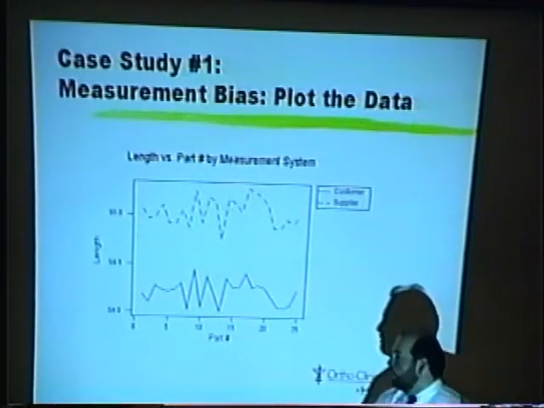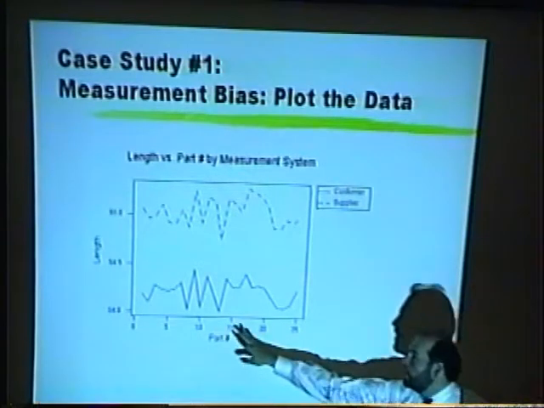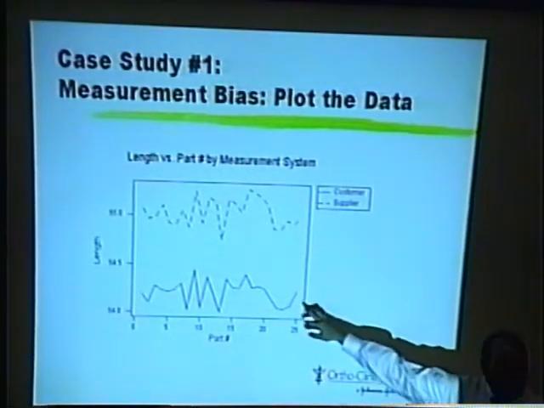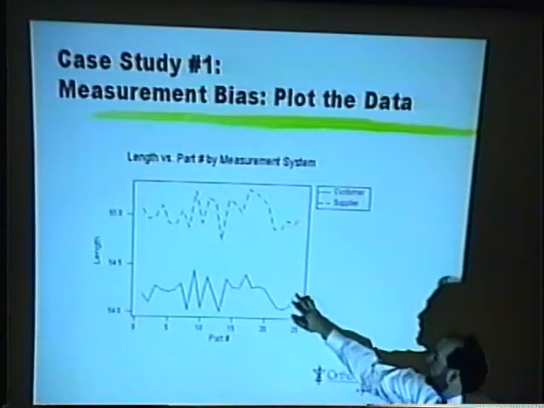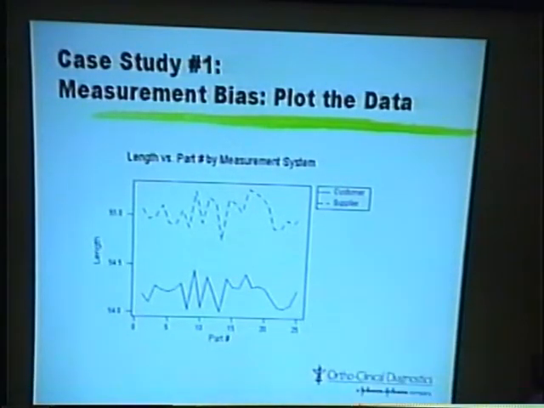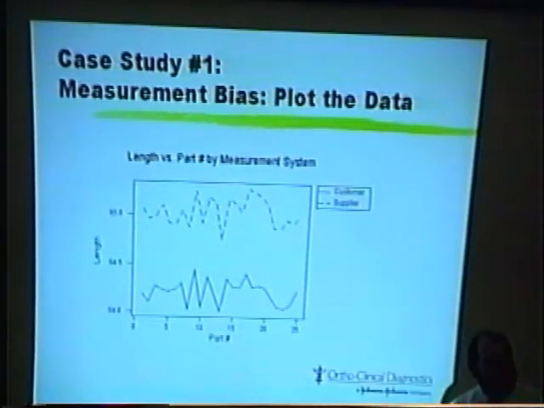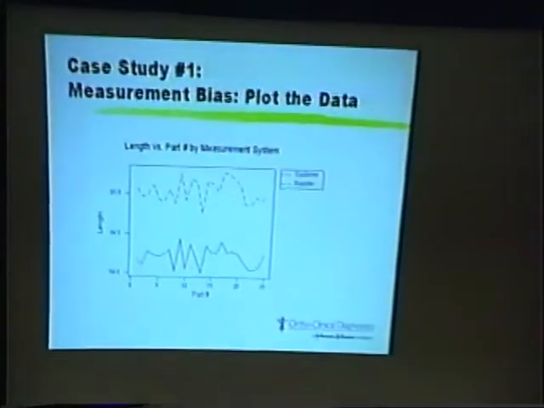The parts are pulled randomly. But yet, this does help to show, again, the difference between the two measurement systems. So for each part, we have one line representing the customer results and another line representing the supplier results. In this view, we can start to get a visual impression as to what the magnitude of the difference is between the two labs.